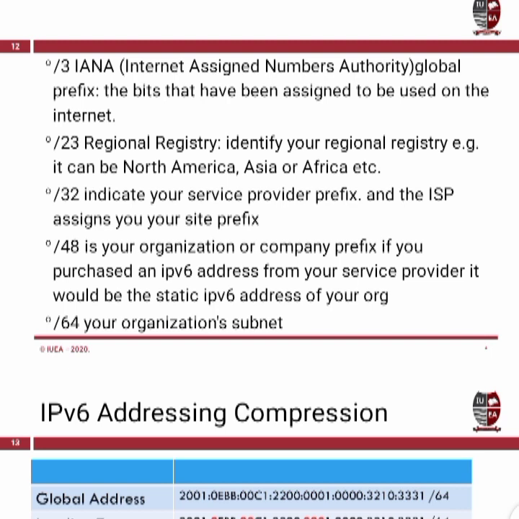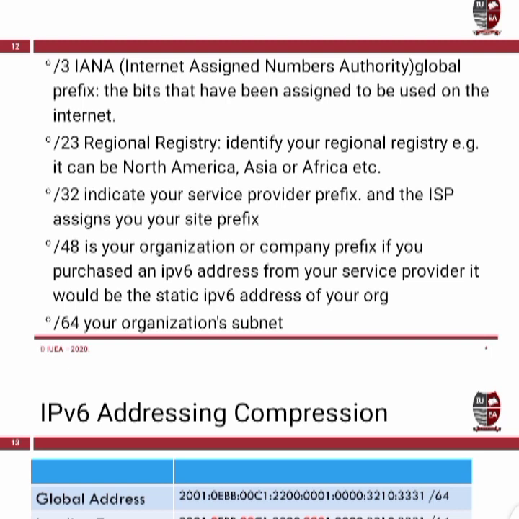32 indicates your service provider prefix, and the ISP assigns your site prefix. 48 is your organization or company prefix.